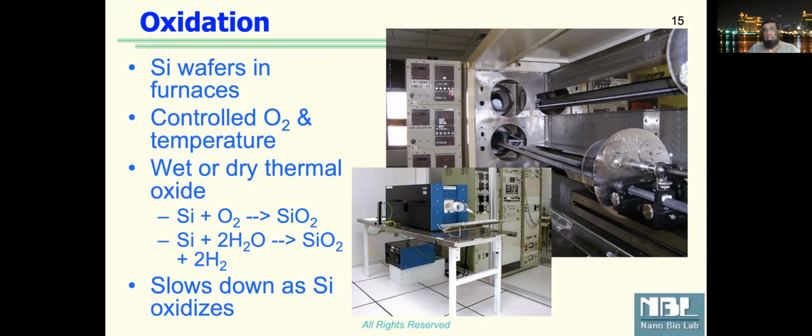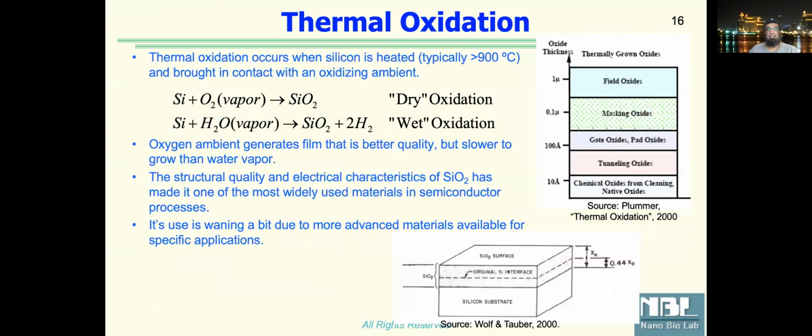As the silicon dioxide becomes thicker and thicker, the oxygen has to travel through a thicker layer to get to the interface so it can react with silicon and convert it into silicon dioxide. Hence the last bullet point: silicon oxidation slows down as time goes by and the thickness goes up.